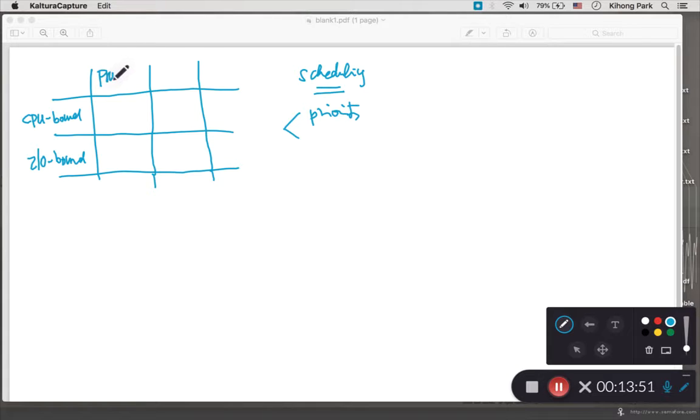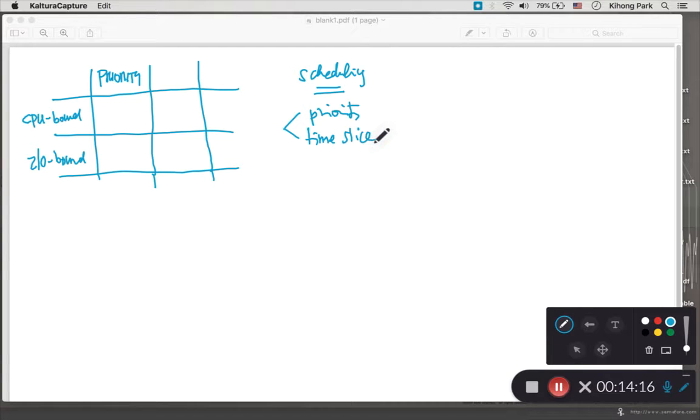So priority is a variable that we, as the kernel, can manage by giving some processes higher priority or smaller priority and changing that over time. The other main control variable we have seen already, it's time slice.